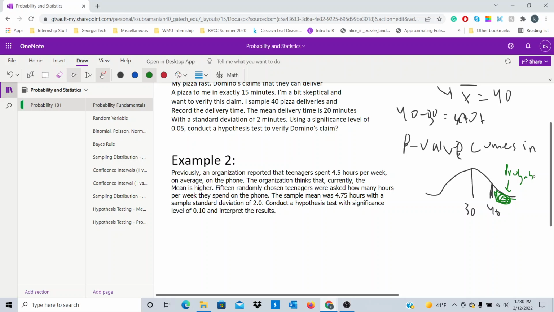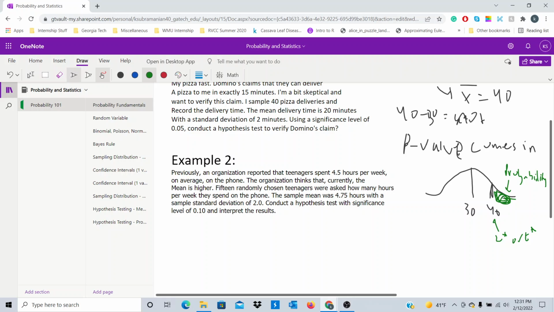And to find this probability, recall that we can use the z or t distribution depending on if the normality checks pass. We can get a z star or t star, and then we can look into the t table and find what is this area right here. We can use the z table or the t table to do this.